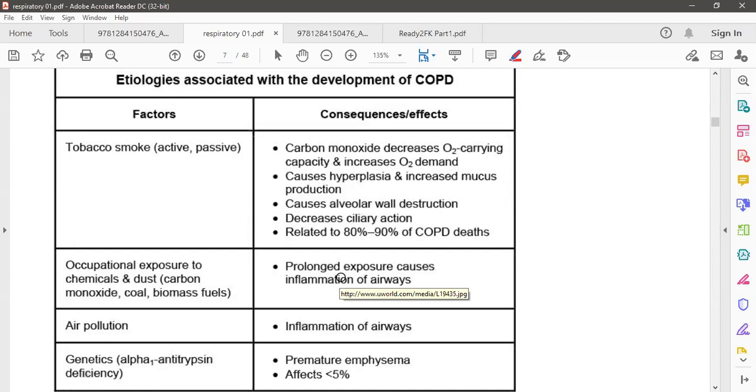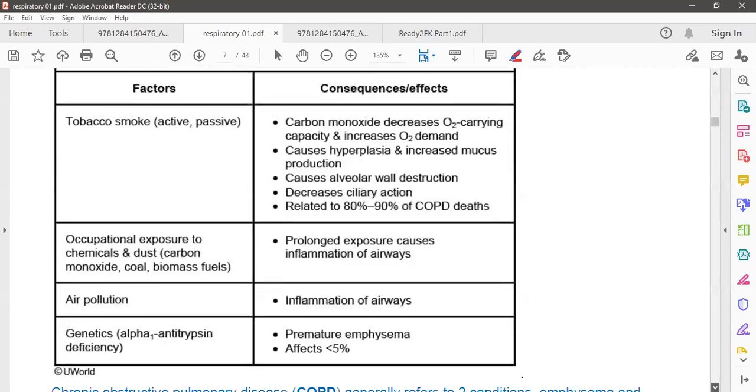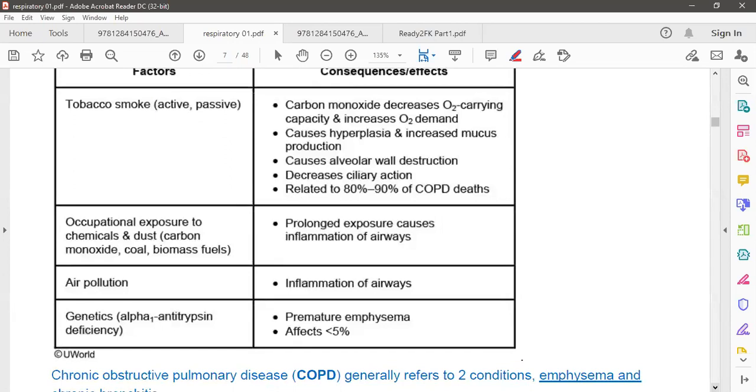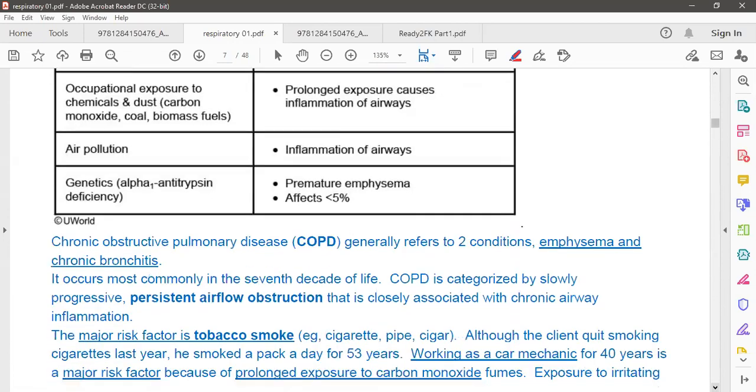So chronic obstructive pulmonary disease means chronic airway limitation, or limited airflow in and out of the lungs. Air pollution also causes inflammation of the airway, and a genetic factor we call alpha-1 antitrypsin deficiency can also cause COPD.